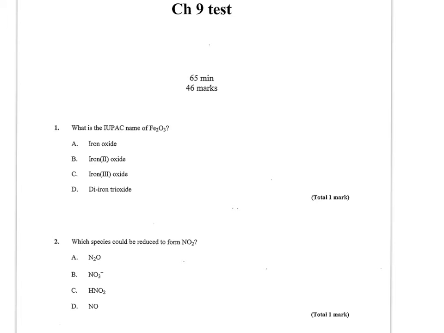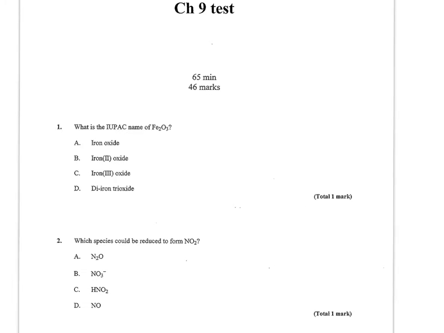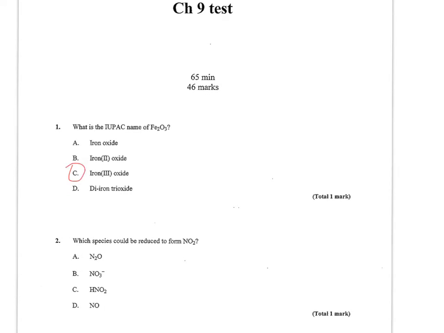Question number 2 wants to know which species could be reduced to form NO2. So first of all, you have to realize that the oxidation state for N in NO2 would be a +4, since there are 2 oxygens at -2 each.